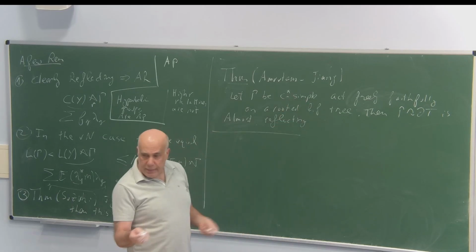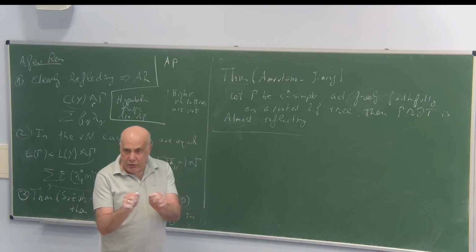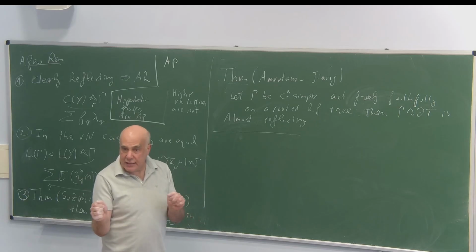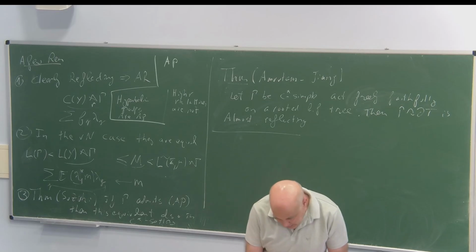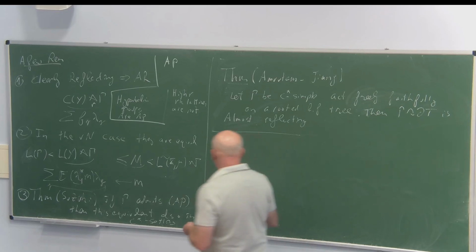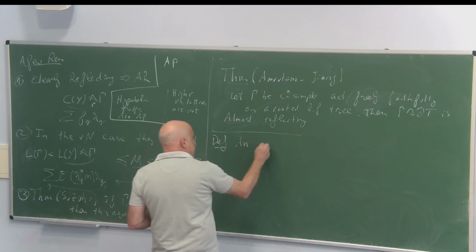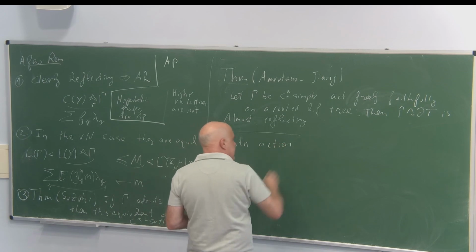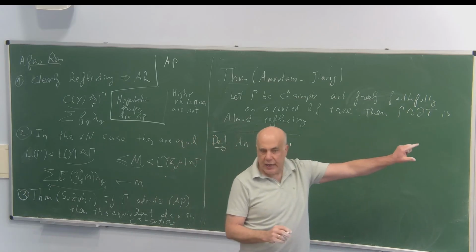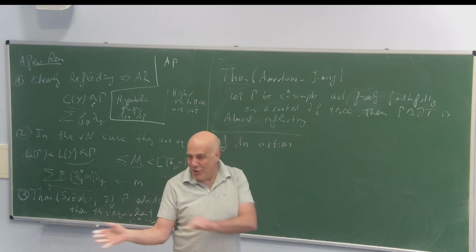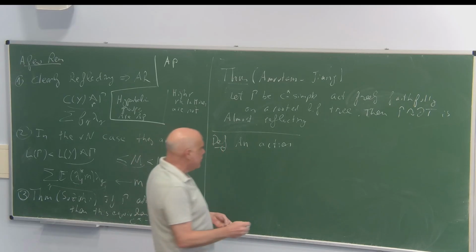Still, I want to talk about it because I think it gives a good view of the connection with C star simplicity, and this is the point that I am really trying to make. So let me give a few definitions. An action, you see, I'm all the time trying to talk about the topological dynamical side, but implying also the other. Here, let me give both of them because there is a little bit of a difference.